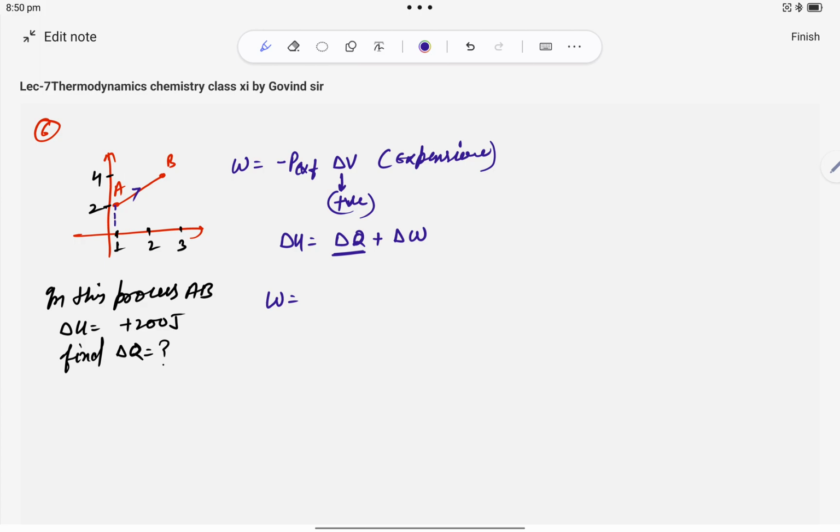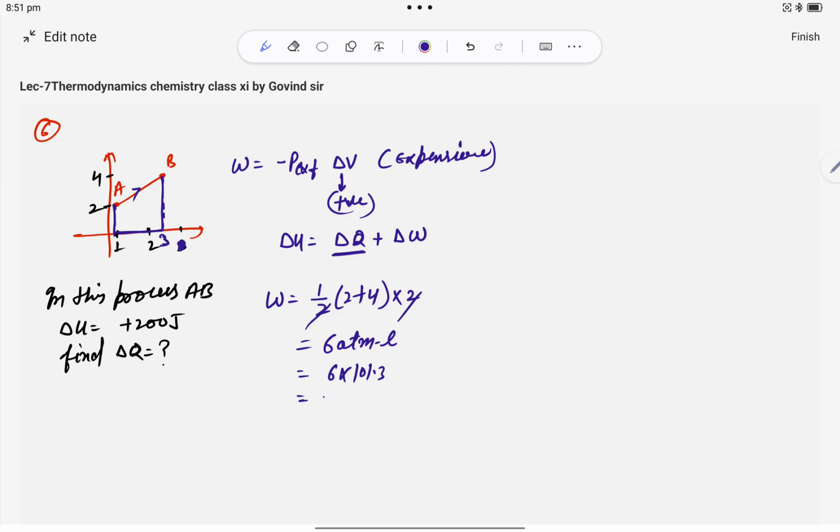W is equal to what? Area under the curve, so this area you have to find out. It's a trapezium, so W is equal to 1 upon 2, sum of parallel sides 2 plus 4, into height. This 3 is here, so height will be 2, so here 6 atm liter. Convert it into joule, as I told you: 6 into 101.3.